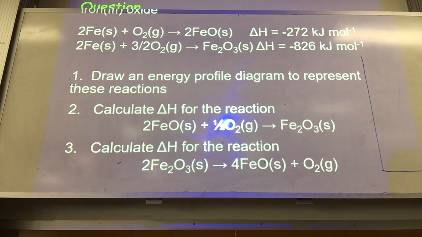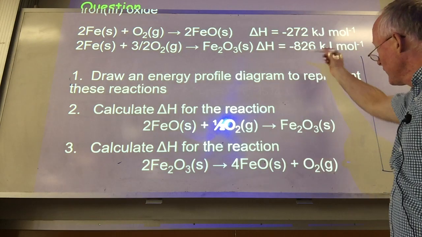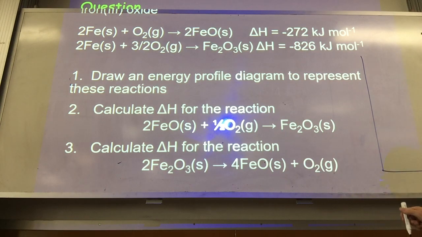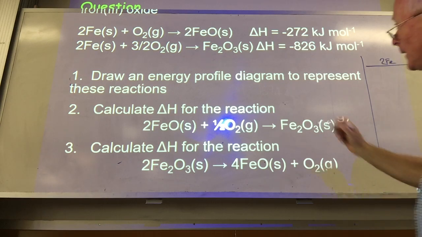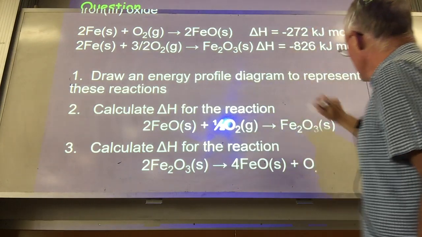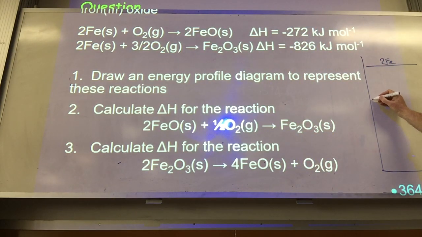So my energy profile diagram is going to start off with iron at the top because both of these are exothermic. Both of the product levels are going to be well down. So we're going to have 2 Fe's on the top level. Then for FeO, we're going to come down to negative 272.